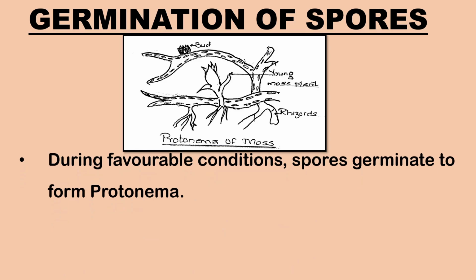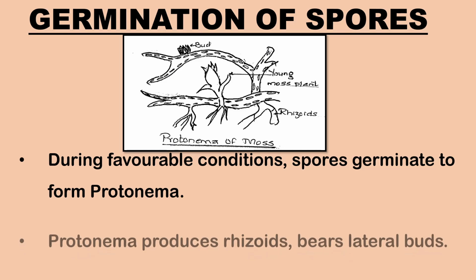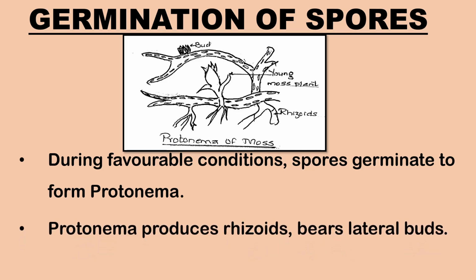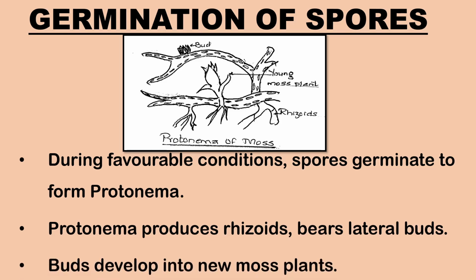During favorable conditions, spores germinate to form a green, much branched, filamentous body called Protonema. The Protonema produces rhizoids and bears many lateral buds. The buds develop into new moss plants.